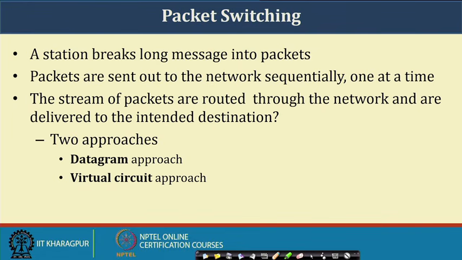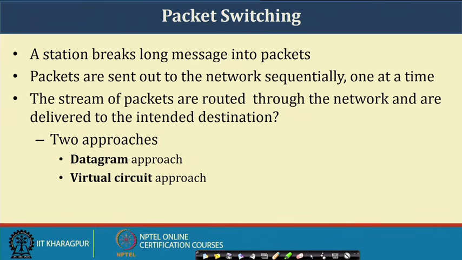One is what we call the datagram approach, where packets move independently. One packet may follow route 1, another packet may follow route 2, and so on. Nevertheless, they reach the destination. And not only that, in this situation you cannot guarantee that they will reach sequentially, because route 1 may be more congested than route 2.